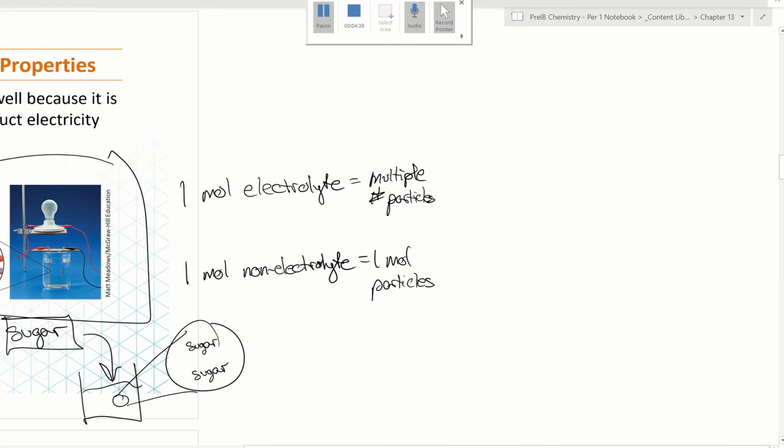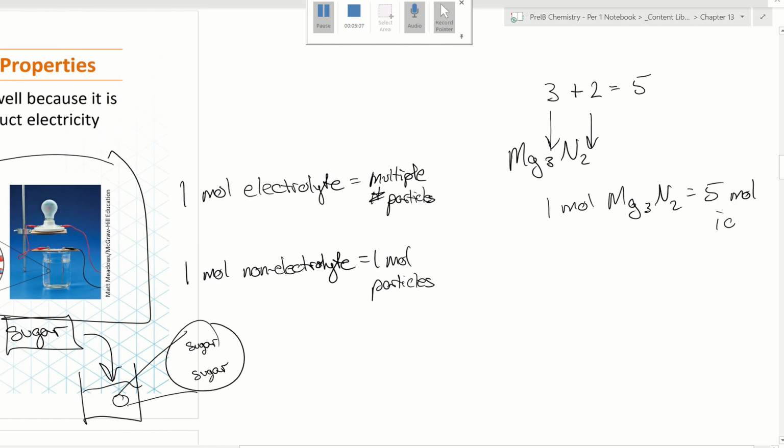If I have something dissolve in water like Mg3N2, magnesium nitride, I would have to count this up. There are 3 magnesiums and 2 nitrogens, which means there are 5 total ions. So for every 1 mole of Mg3N2, it equals 5 moles of ions.